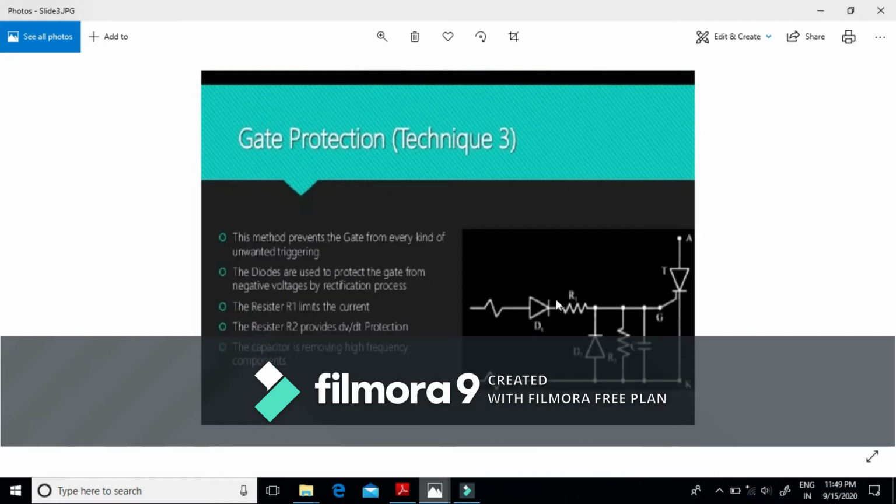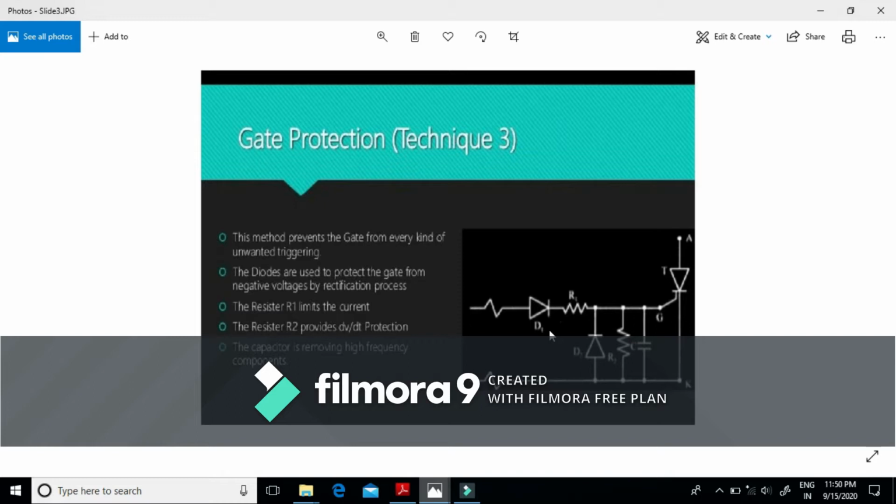Another technique is where we are using a combination of diodes, resistances, and a capacitor. It provides the protection from every kind of unwanted triggering. Here the diodes are used to protect the gate terminal from the negative voltage, and this is done by the rectification process.